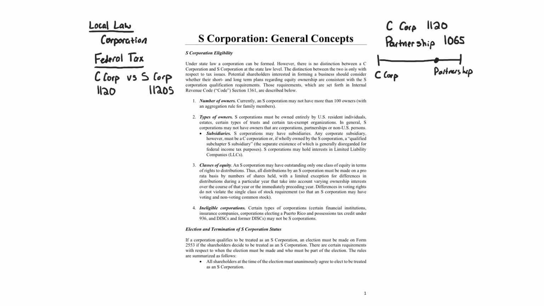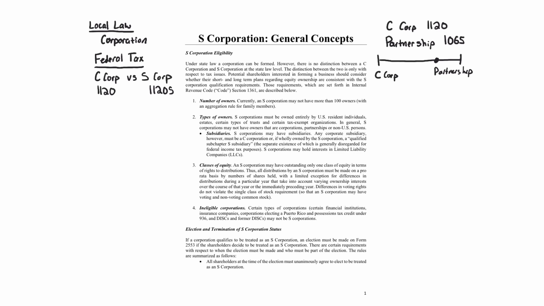You're wondering how? Well, what you would do is file Form 8832, the check the box form, to elect to treat the LLC as a corporation, and then you would file Form 2553, and we'll talk about Form 2553 in a few minutes, where you would elect to be treated as an S corporation as long as you meet the S corporation status requirements.